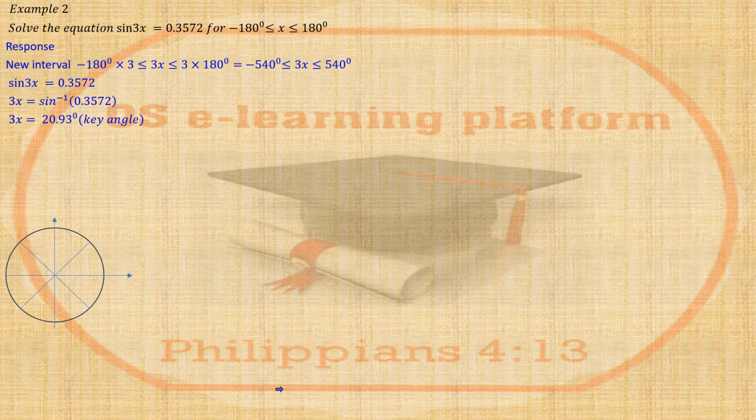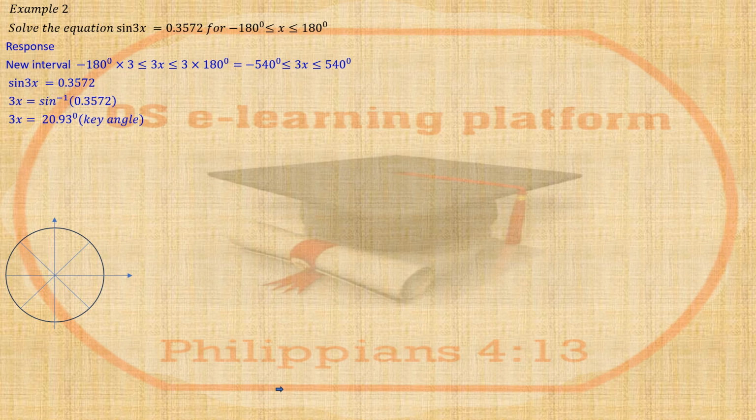But we are so lucky that our key angle is a result of taking the sine inverse of something that was originally positive. However, even if what we are taking the sine inverse of was originally negative, still we could take the key angle. Why? Because the range counts for negative angles. Are we together? So my first angle, I've got it as 20.93.